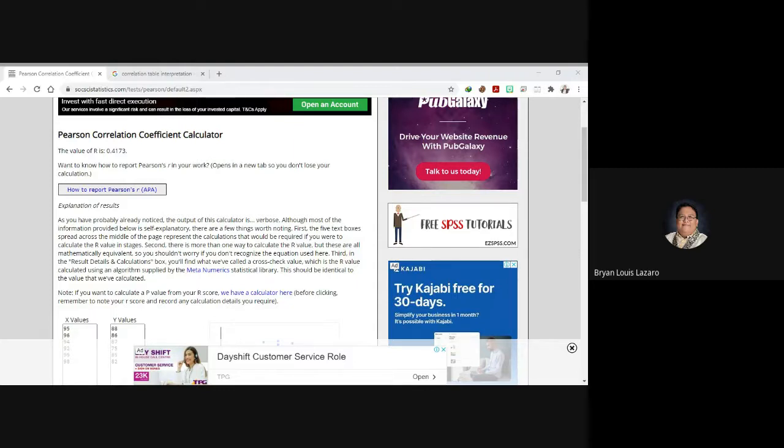So for example, may tanong ka na, what is your perception in the new normal setup of Philippine education? For example, yan.